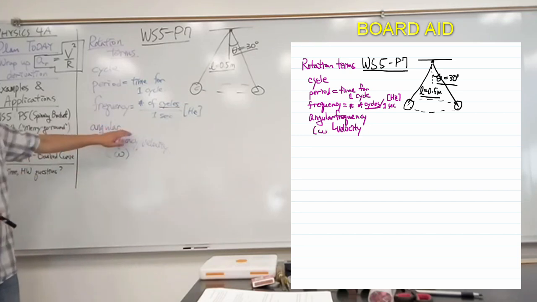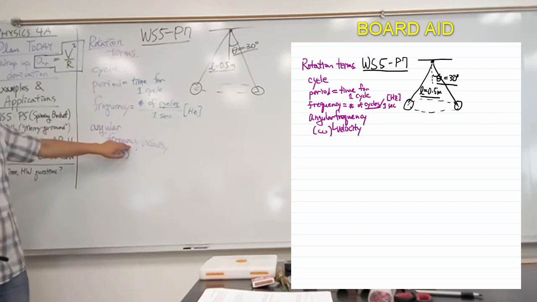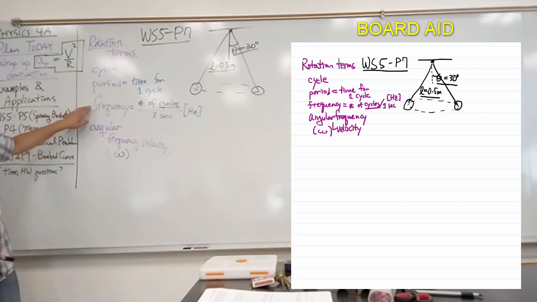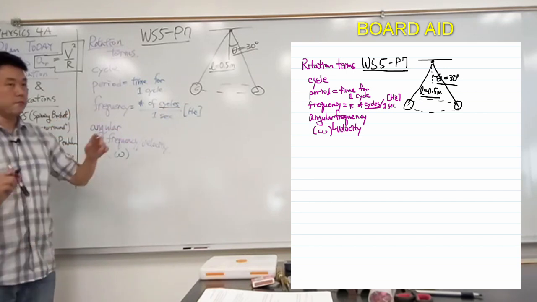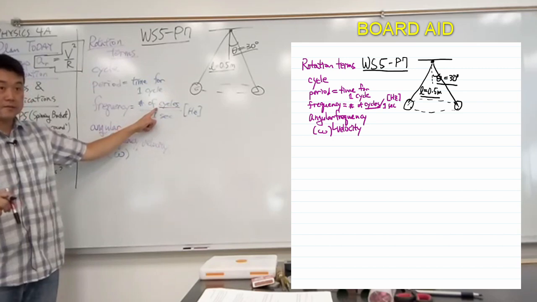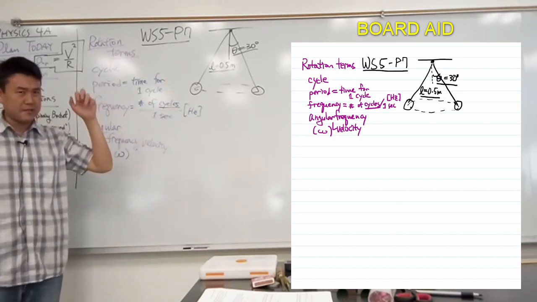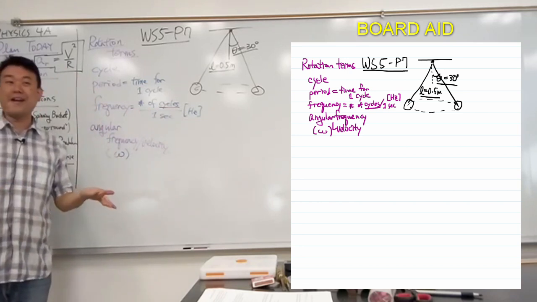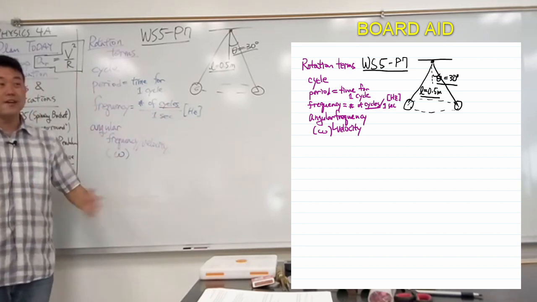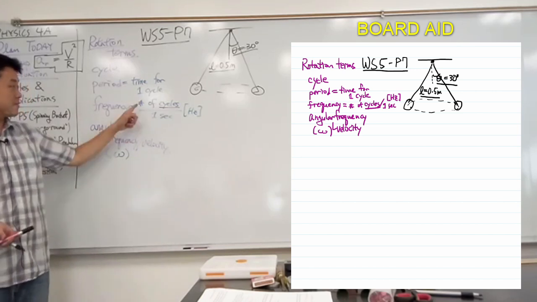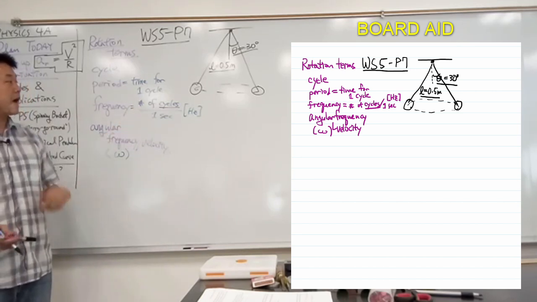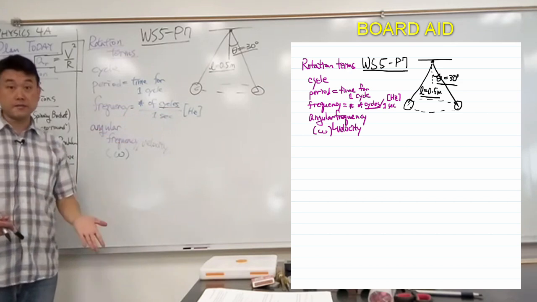So with the angular frequency, what you're doing is you're measuring the same thing as frequency, except that you're converting from quote-unquote units of cycles to units of radians. The reason I'm doing the scare quotes is neither of them are actually units. Cycle is not a unit, radian is not a unit. They're both just numbers. But we are saying instead of counting cycles, we are going to count radians.